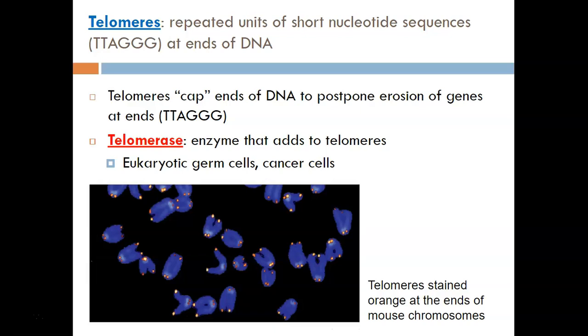So it acts as like a little additional barrier so that the good DNA that we really need that codes for something doesn't get chopped off over time. So there is a telomerase that goes in and kind of adds those. And it's possible that certain cells that are damaged over time or lose these caps at the end can then have drastic consequences, because then you're slowly losing important genes over time.